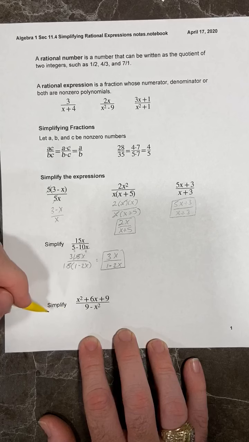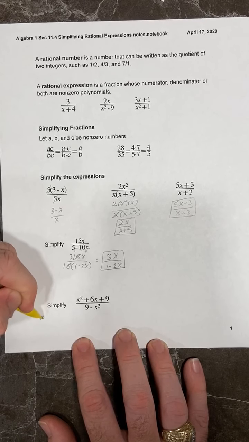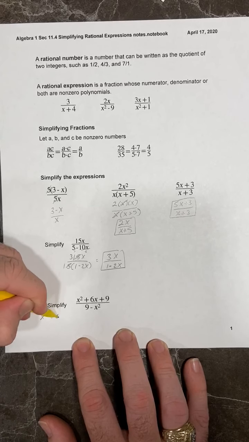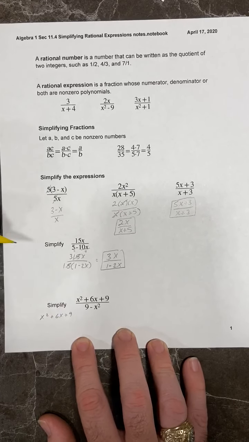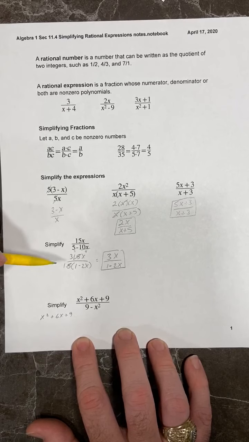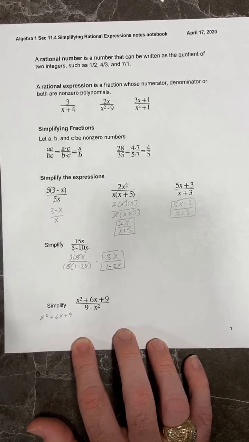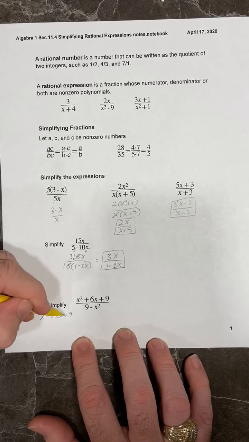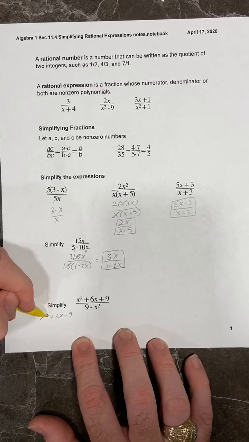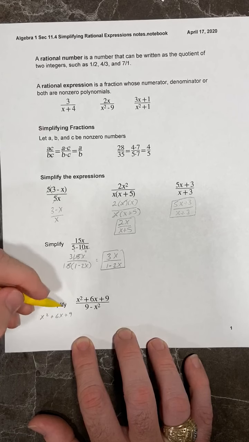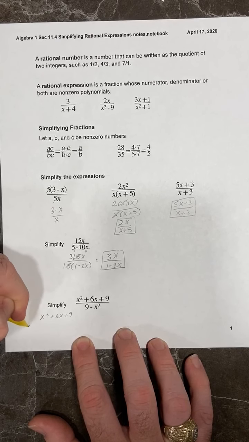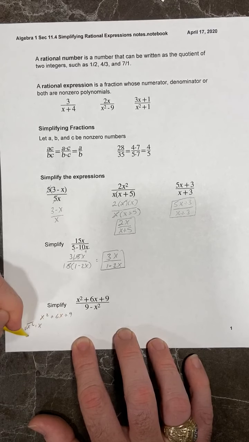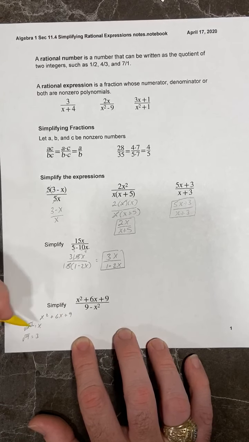If we look at the individual parts of this fraction, x squared plus 6x plus 9, going back to when we factored, in order to factor this, we check to see if both the first term and last term are perfect squares. x squared has a square root, which is x. 9 has a square root, which is 3.